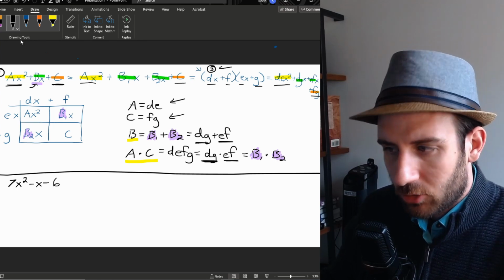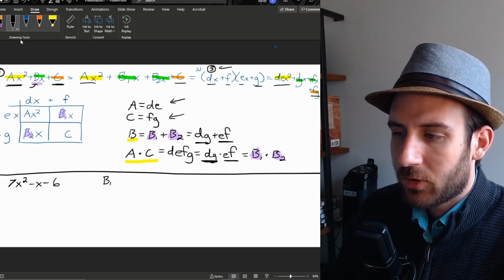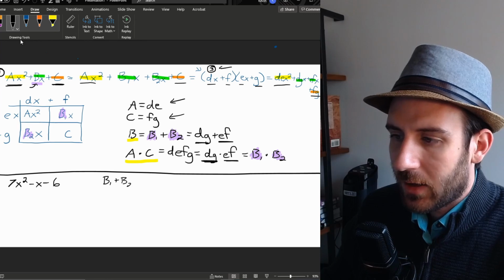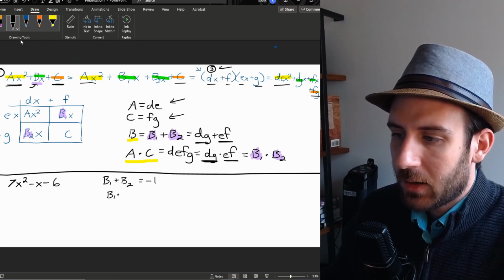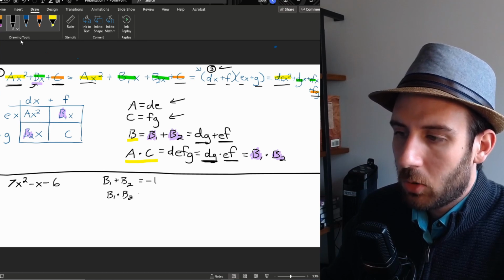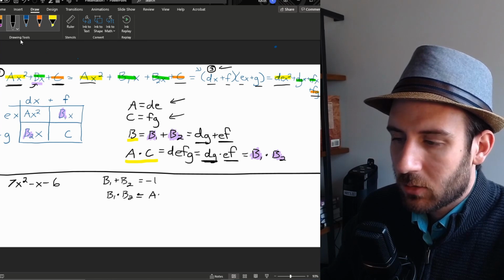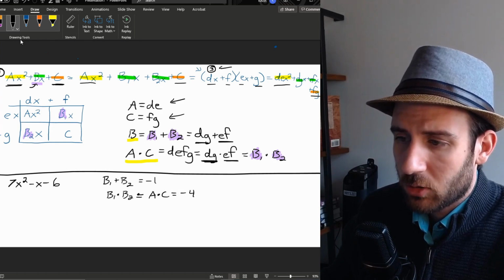Well, I just need to find two numbers, B1 and B2, such that B1 plus B2 add to -1, and B1 times B2 multiply to A times C, which is 7 times -6, so -42.